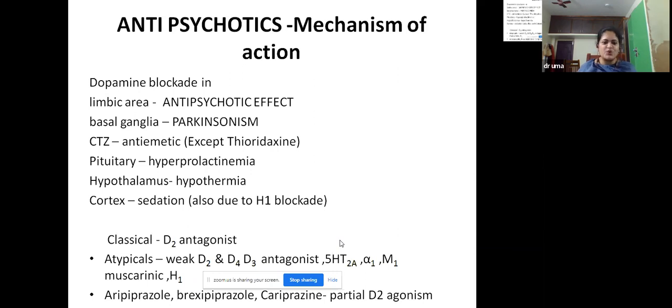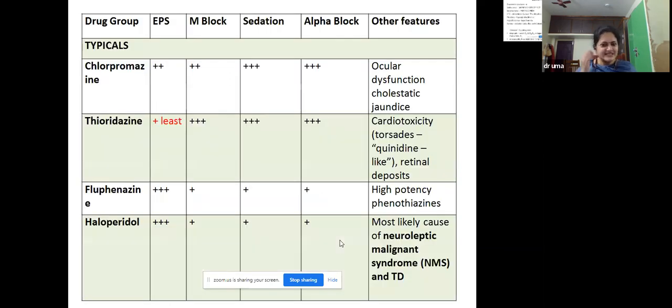Aripiprazole, brexpiprazole, cariprazine are newer drugs. They have partial D2 agonism. So this is the difference between typicals and atypicals. Typicals produce extrapyramidal syndrome because they are high potency drugs. They produce more D2 blockade, so due to D2 blockade in the basal ganglia, EPS will be more.